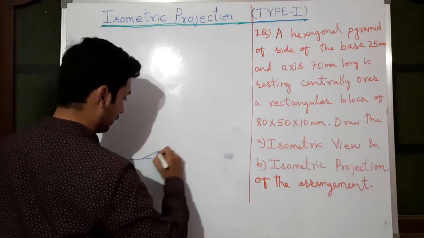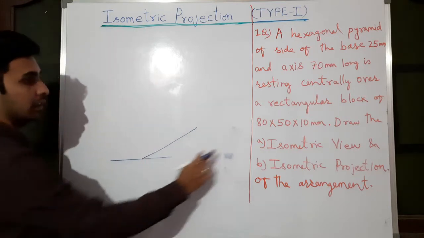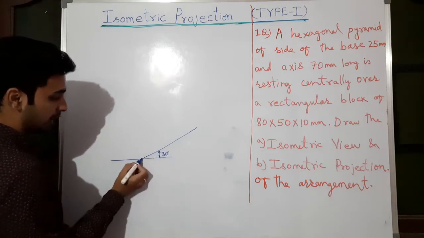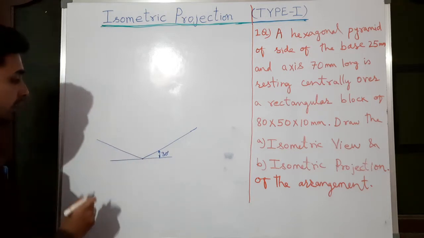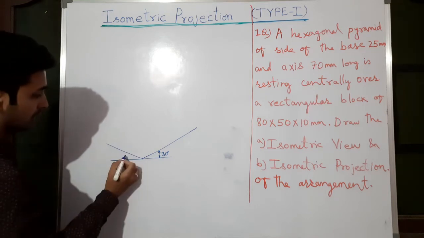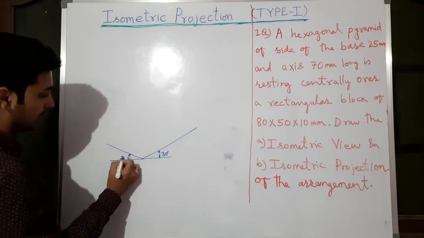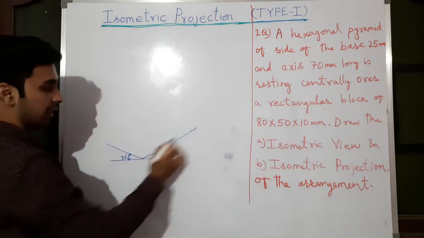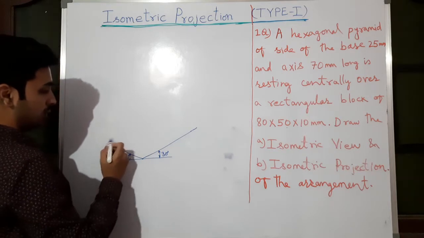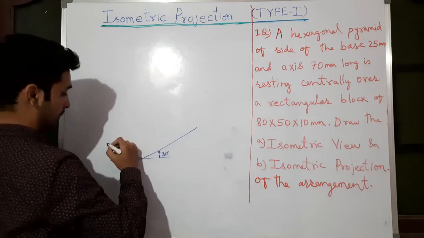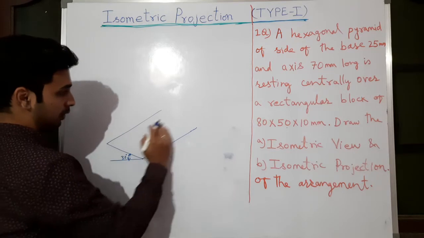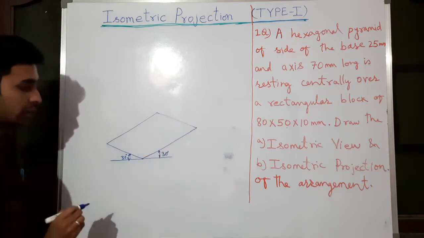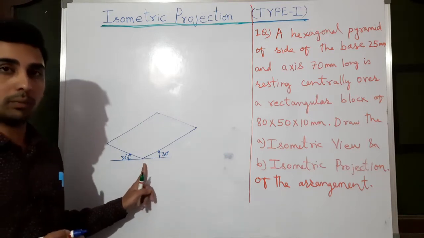I will take this as 80 mm long at 30 degrees, and here another length, also at 30 degrees, but length 50. Now draw parallels to these. So this is the top isometric view of the rectangle.